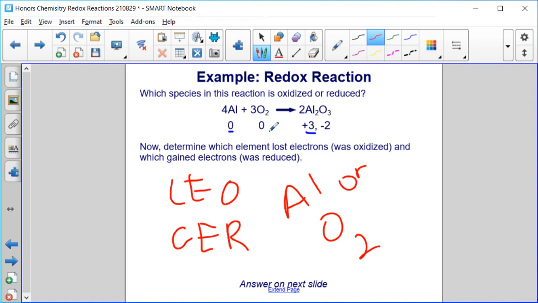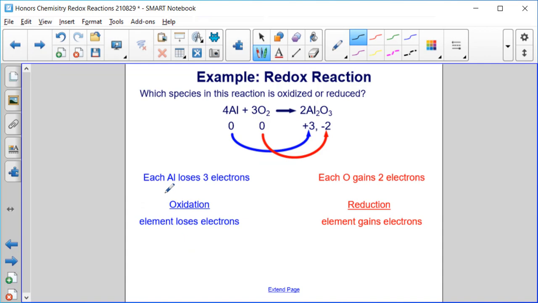And going from 0 to -2, we're gaining negatives, we're gaining electrons, right? So let's look here at the next slide and summarize that. Going from 0 to +3, each aluminum loses electrons, so that's the oxidation reaction in blue. And the reduction is gaining electrons, so going from 0 to -2, each oxygen is gaining electrons, so that would be reduction.